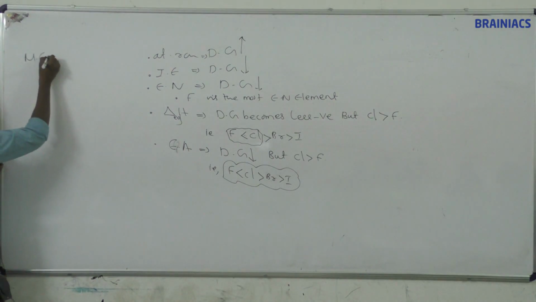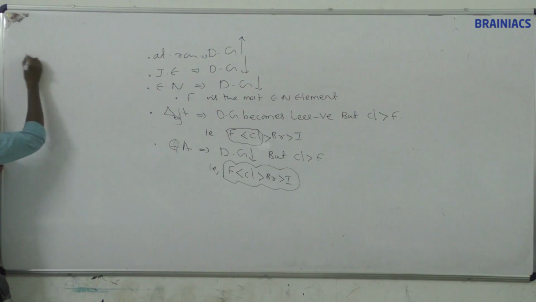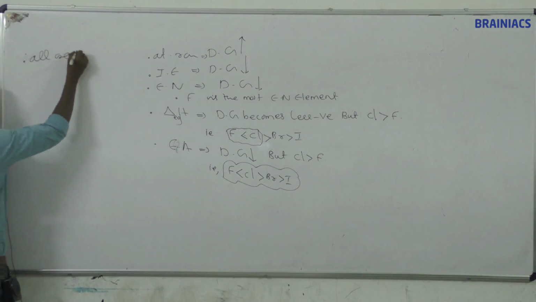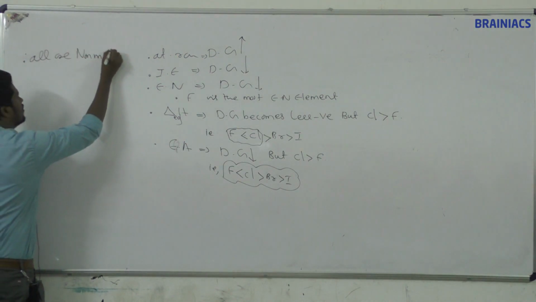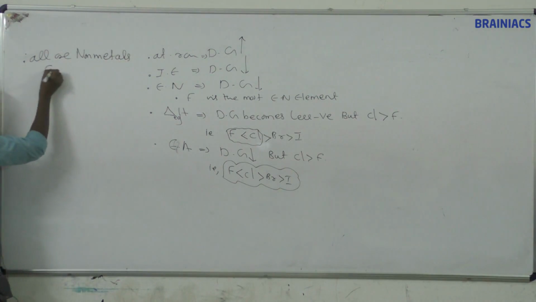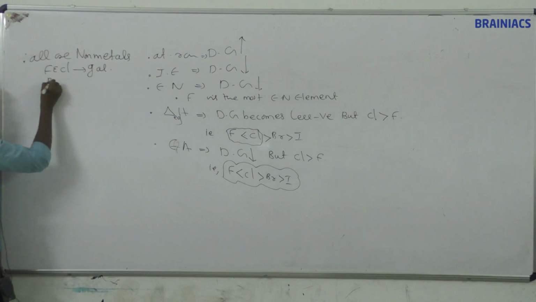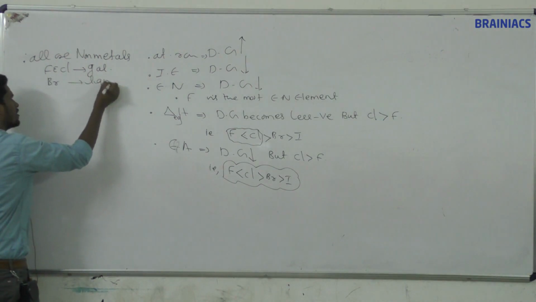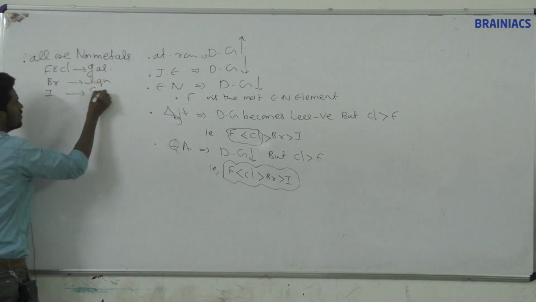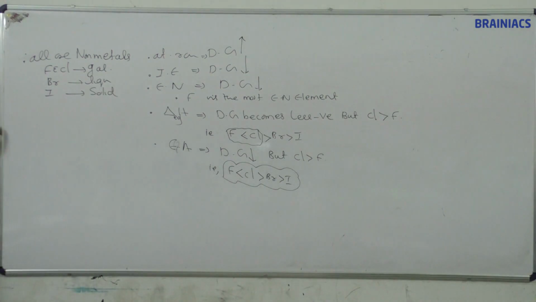Metallic character: all are non-metals. Fluorine and chlorine are gases, bromine is a liquid, iodine is a solid. All are non-metals.